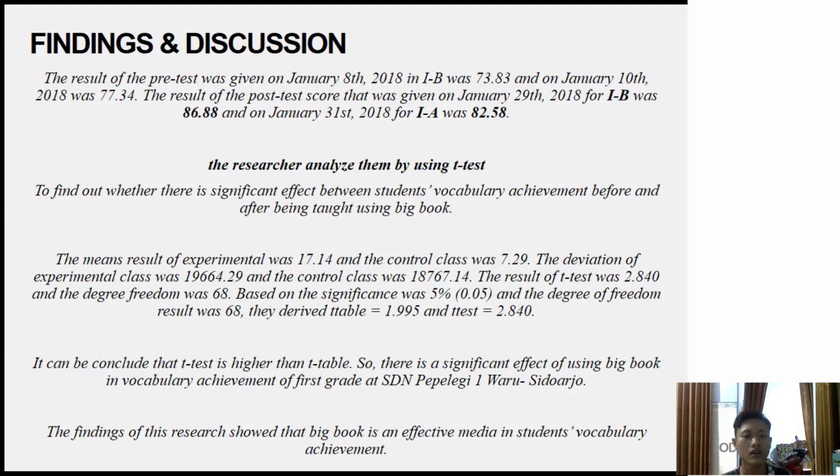And then after we got data from the several tests, it can be concluded that t-test is higher than t-table. So there is a significant effect of using Big Book in vocabulary achievement of first grade at SDN Papalaki 1 Waru Sidoarjo.